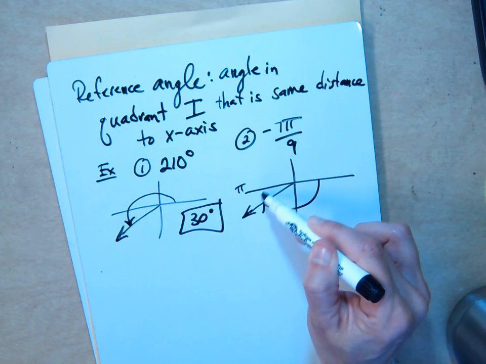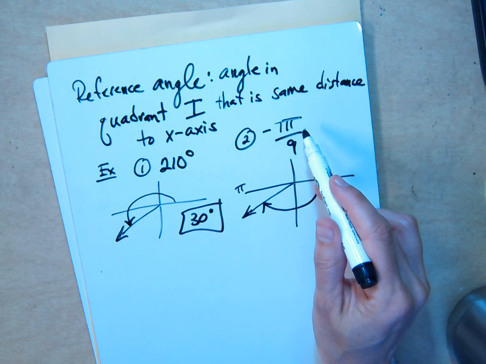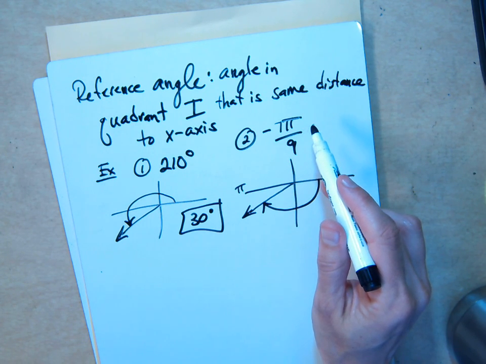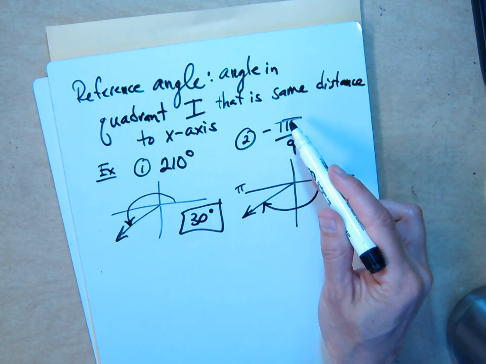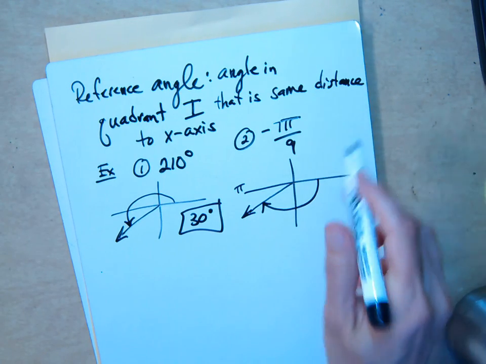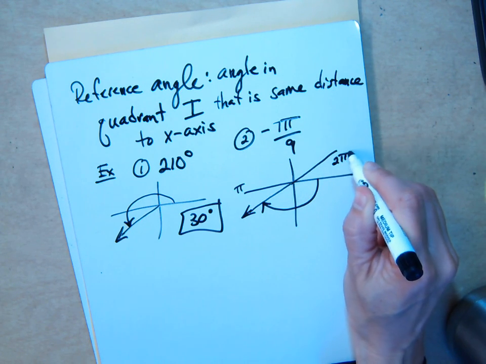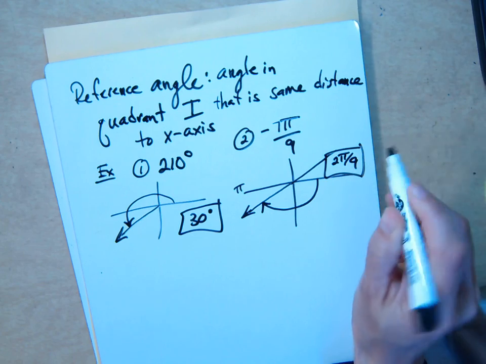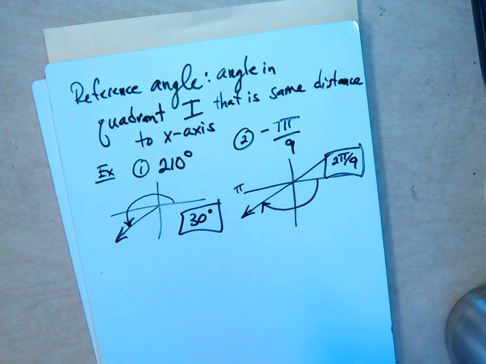How far is that from the x-axis? If you're given it in radians, you have to stay in radians. Think of the fraction 7/9. How much more do I need to get to 1? 2/9. So the answer is 2 pi over 9. That is the equivalent angle in quadrant 1 that's the same distance from the x-axis. That's about as hard as they get.